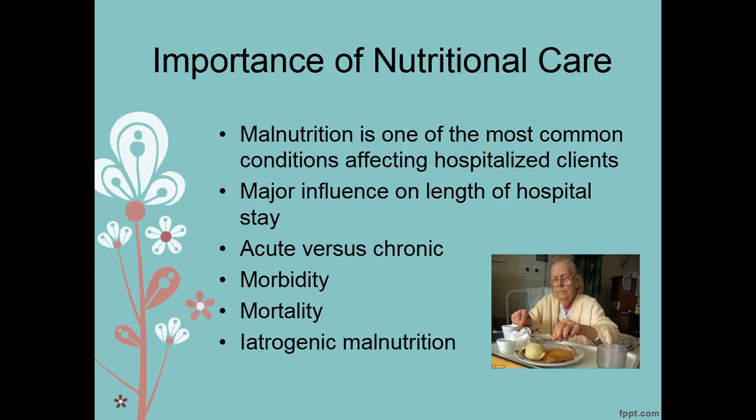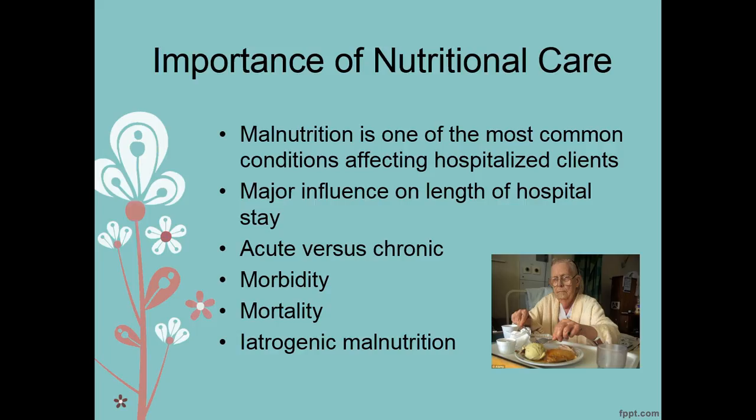One interesting thing I mentioned the other day when we were talking about the older adult is hospital-induced malnutrition, which has the word iatrogenic malnutrition. This really means malnourishment related to being in the hospital for an extended amount of time. They're going without food or drink, maybe because of the physical condition they're in, but it ends up happening while they're in the hospital.